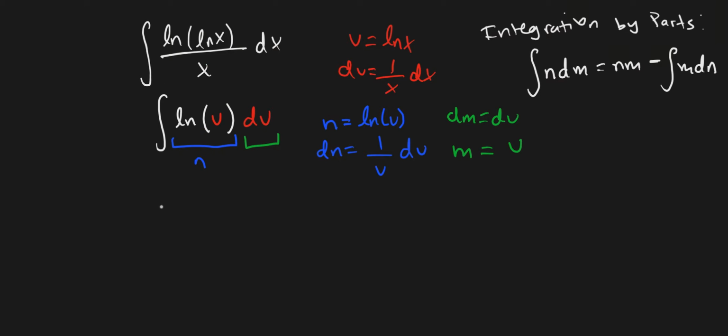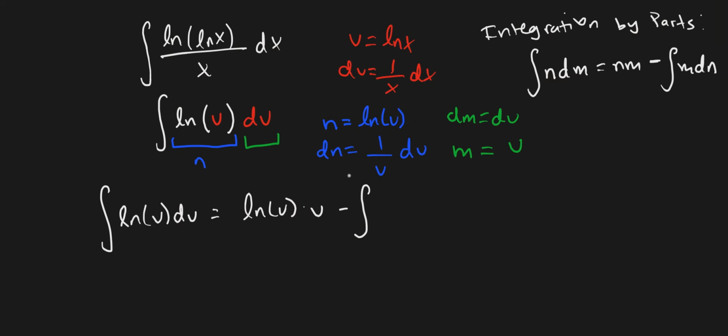Okay, so now that we have that, we can rewrite this. The integral of the natural log of u du is equal to n times m. n is the natural log of u, times u, minus the integral of m, which is u, divided by u du.